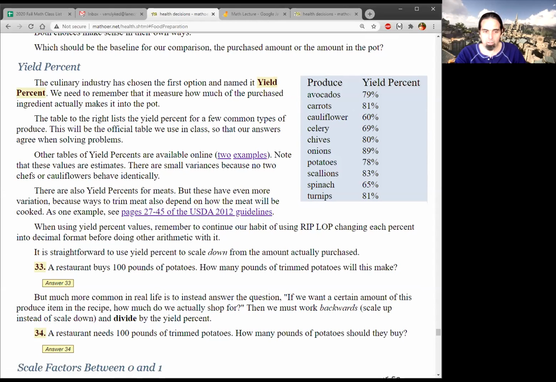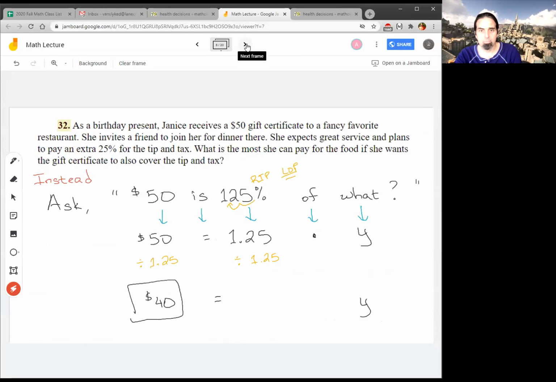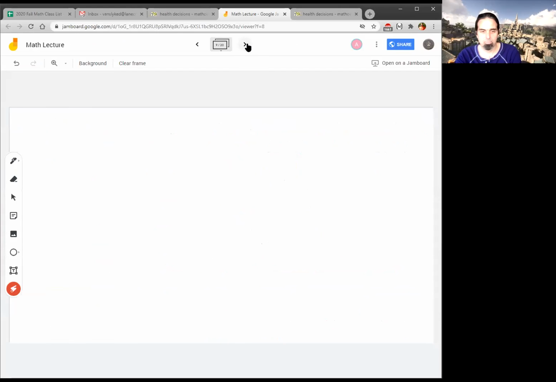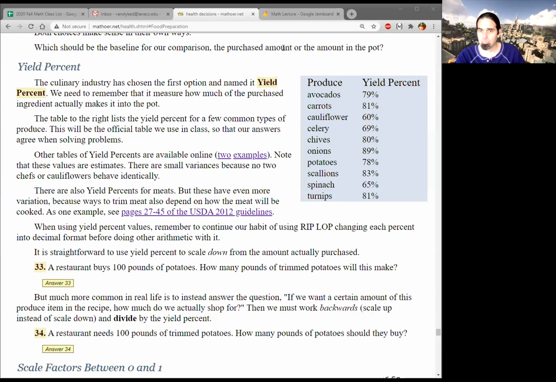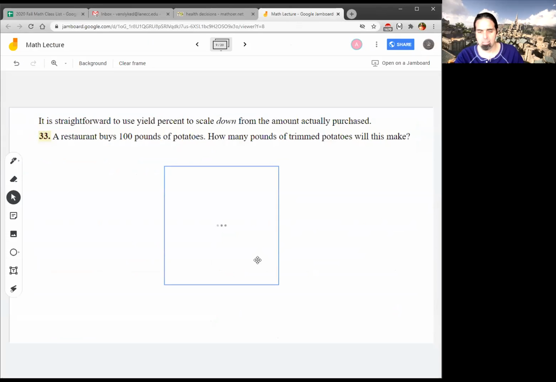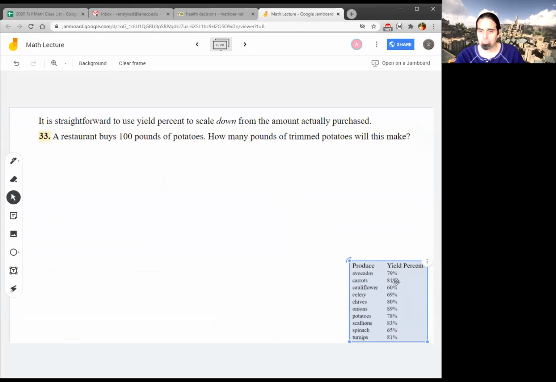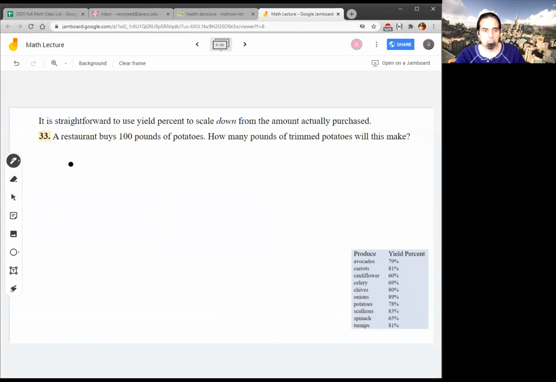So let's do that kind of example. Okay, so the restaurant buys 100 pounds of potatoes.